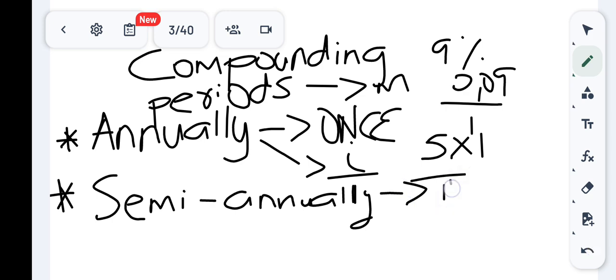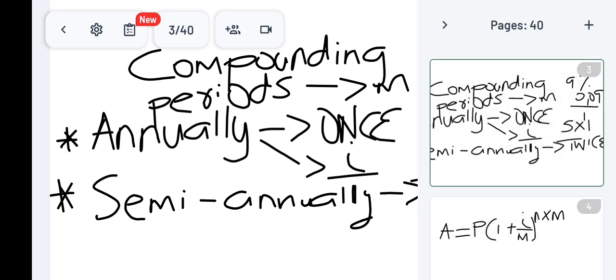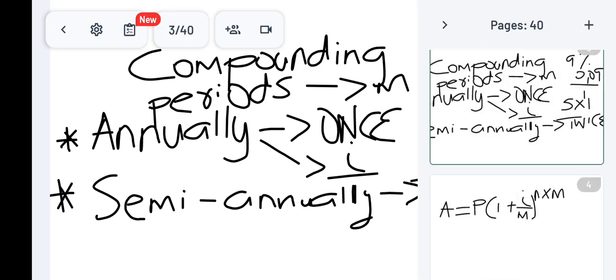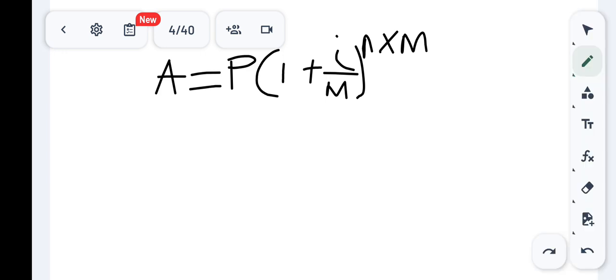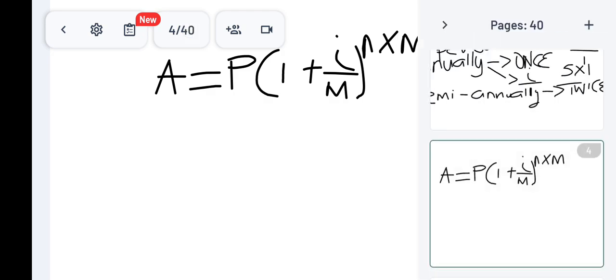So what are you going to do if they are talking about semi-annually? You need to divide the interest rate. Remember, the interest rate you will plug in here as a decimal, so you need to convert it. After doing so, you will divide your interest rate by 2, then multiply the number of years by 2. That is semi-annual or half yearly.